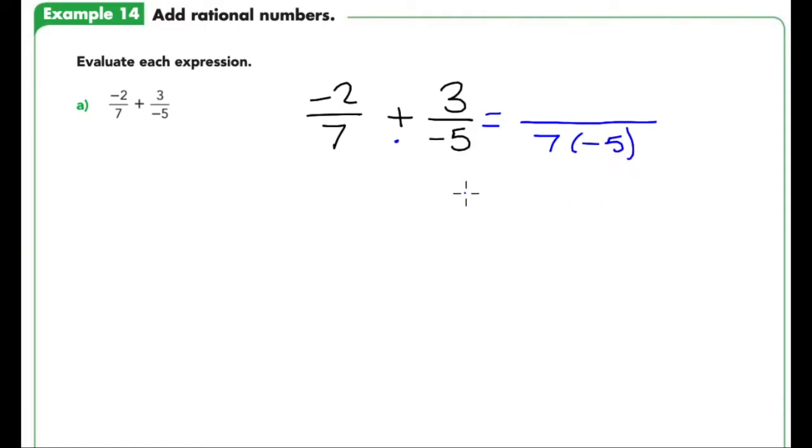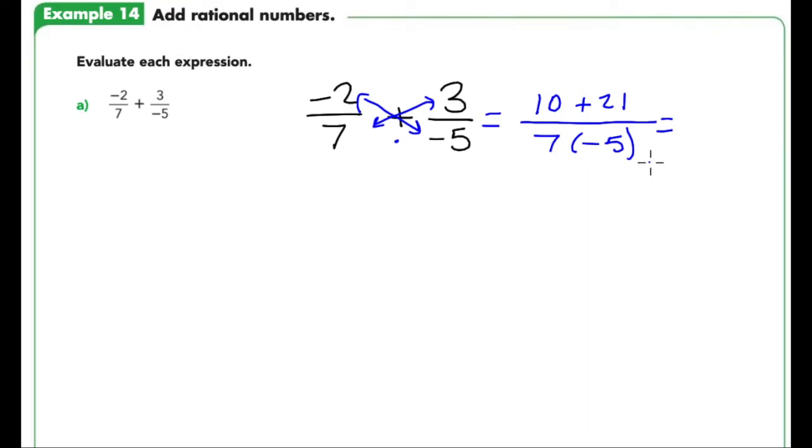And to figure out what the top is, we could cross multiply. So we can multiply -2 by -5 to give us a +10, plus 3 times 7 to give us 21.